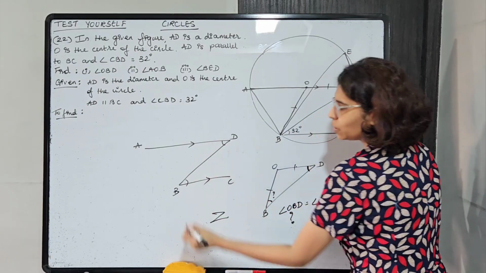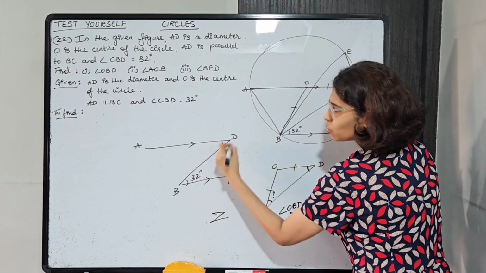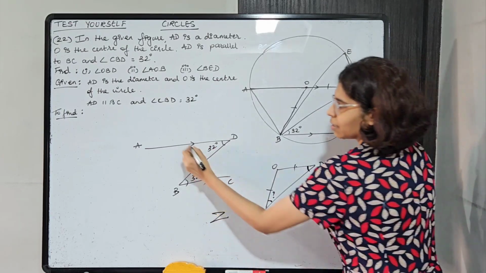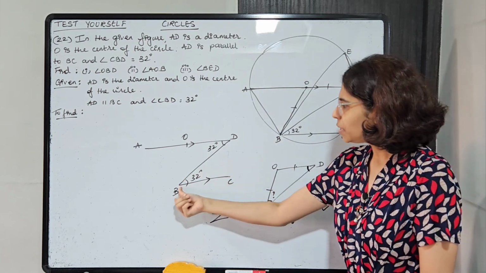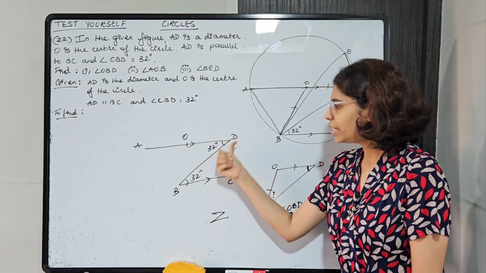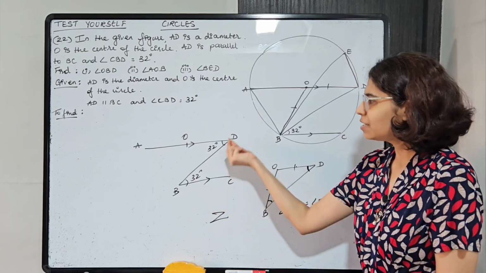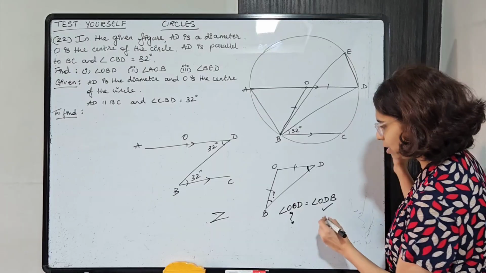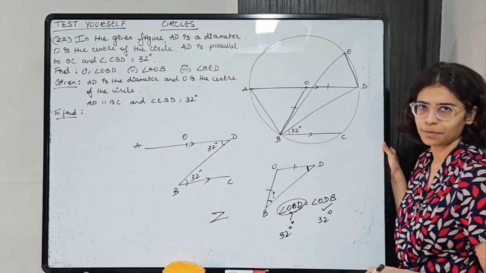These two angles will be equal. CBD is 32, so this will also be 32. So CBD is equal to ODB, right? CBD is 32, therefore ODB as well is 32, and therefore OBD will also be 32.